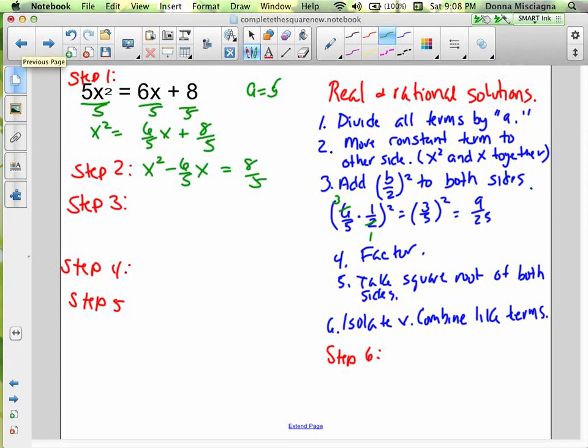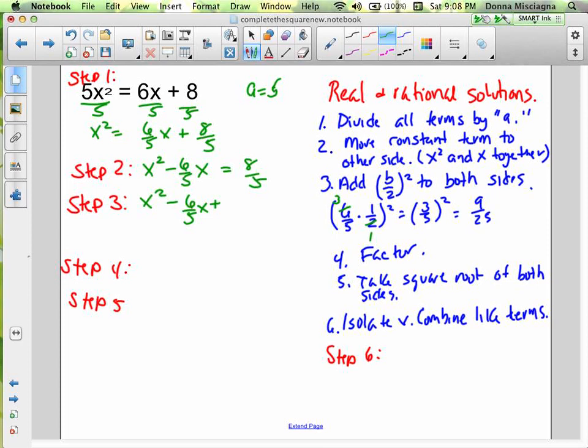Step number 3, we're going to add b divided by 2 squared to both sides. So that's x squared minus 6/5 x plus, right, half of 6/5 would be 6/5 times 1/2, which would be 3/5, right? If your numerator is an even number, you're just going to take half the numerator and keep the denominator, and you have half as much.